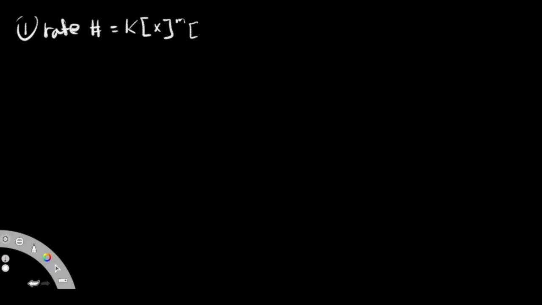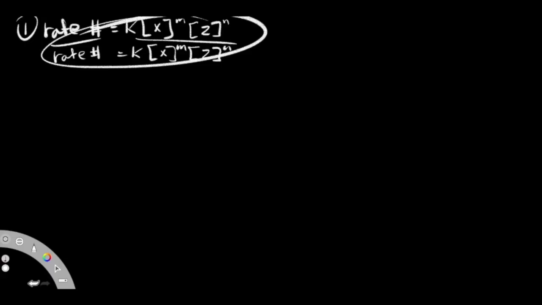Let's put, let's say, z over here, and let's say this one is an n. Okay, you're going to divide this by another rate number, and you're going to equal that, again, divided by our slope, our same types of concentrations as such. Okay, figure out how to do this one, which we're going to be looking at a few practice problems a little bit later on, and you become succinct at it.